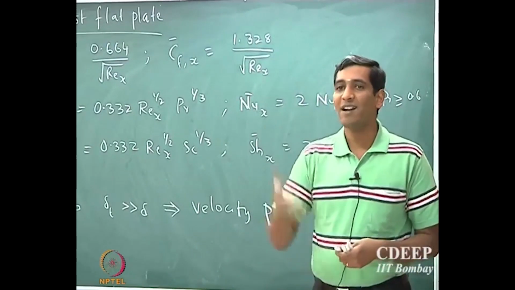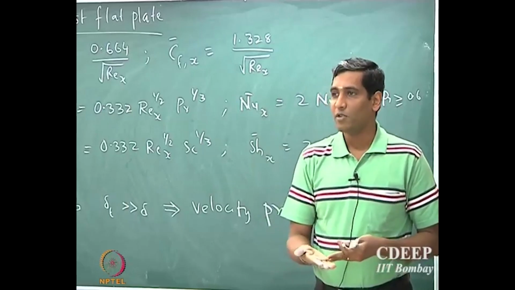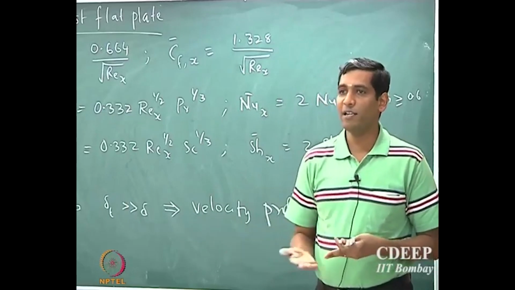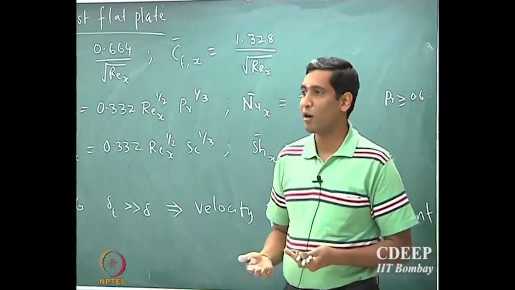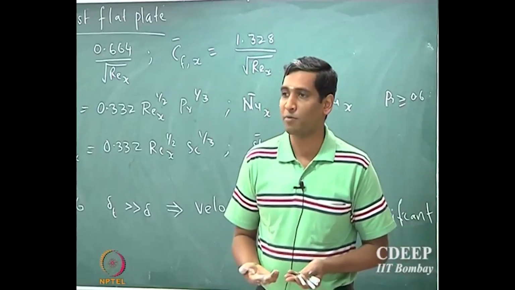So it's almost like a flat velocity profile. So the boundary layer velocity profile is now not very significant, and therefore it's not going to affect the heat and mass transport process.